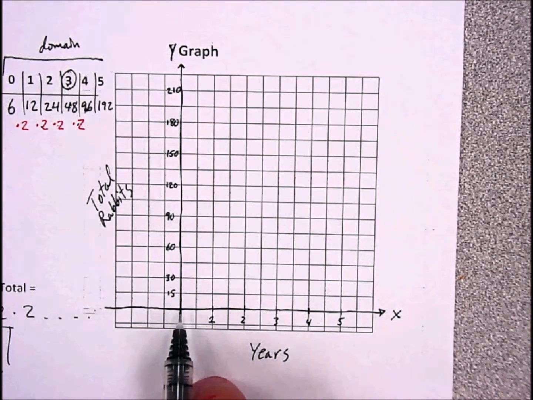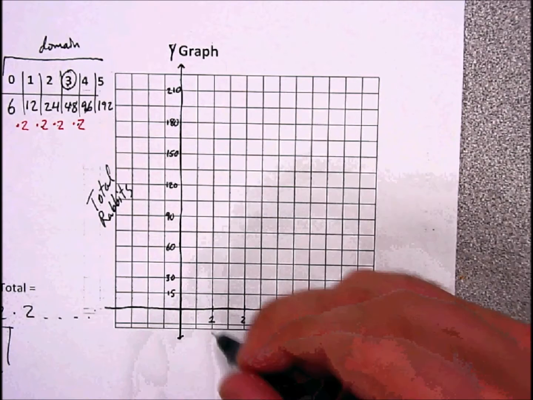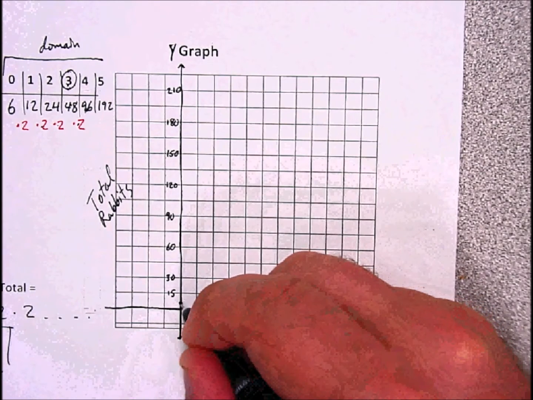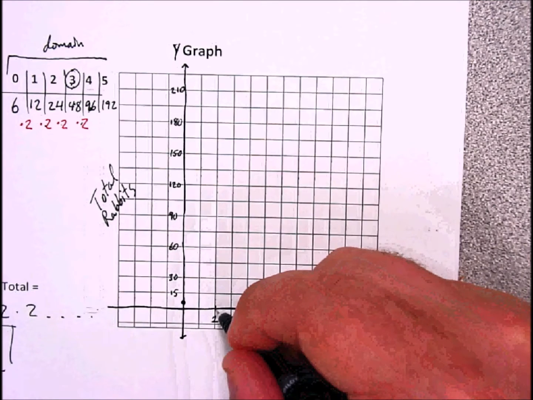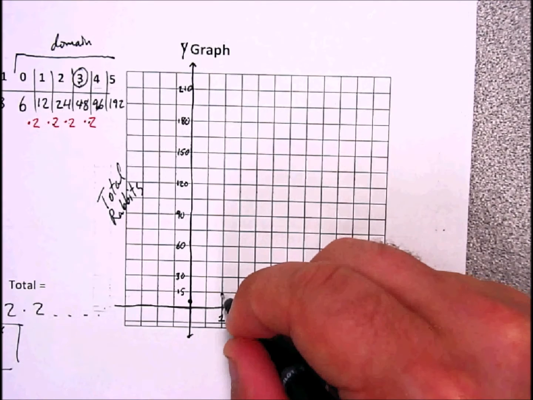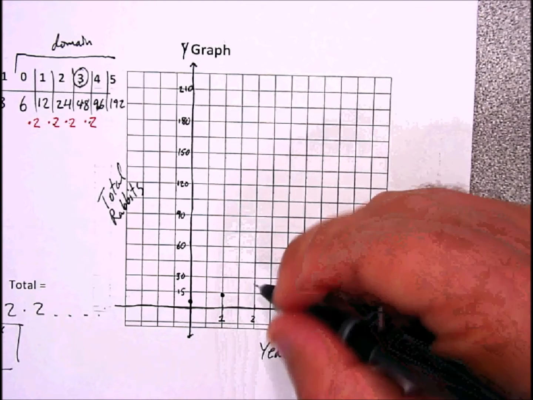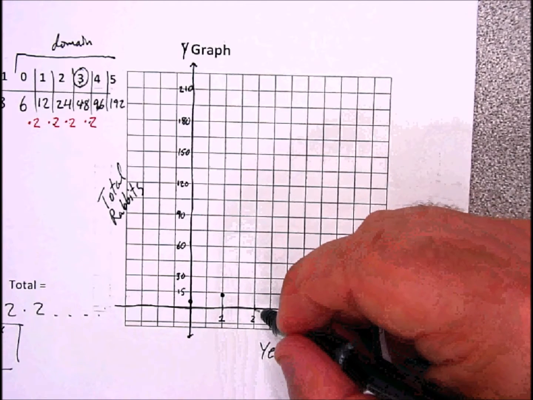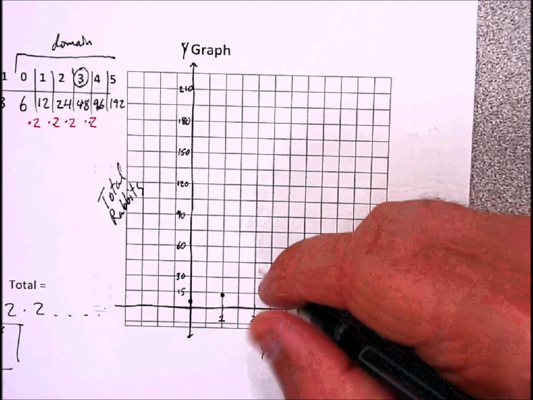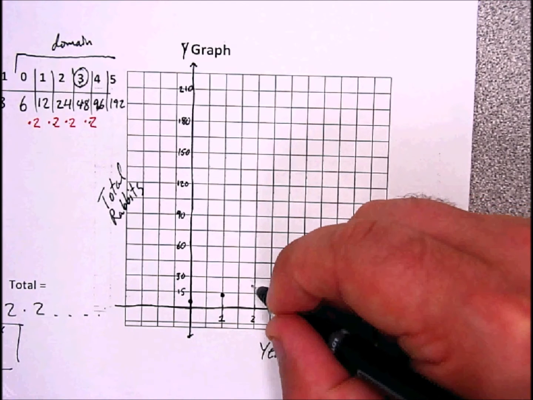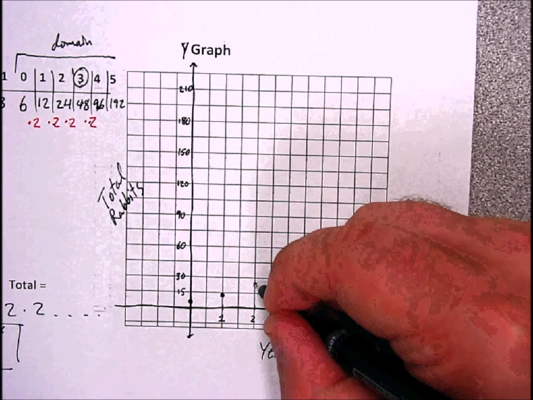Well, let's put some of our data points on this graph. So at 0 years, I'm only at 6, which is going to be down here. And at 1 year, I'm going to be at 12, which is going to be somewhere close to here. The graphs don't have to be completely exact. At 2 years, I'm at 24. So let's see, where would I put that? Maybe right about here.